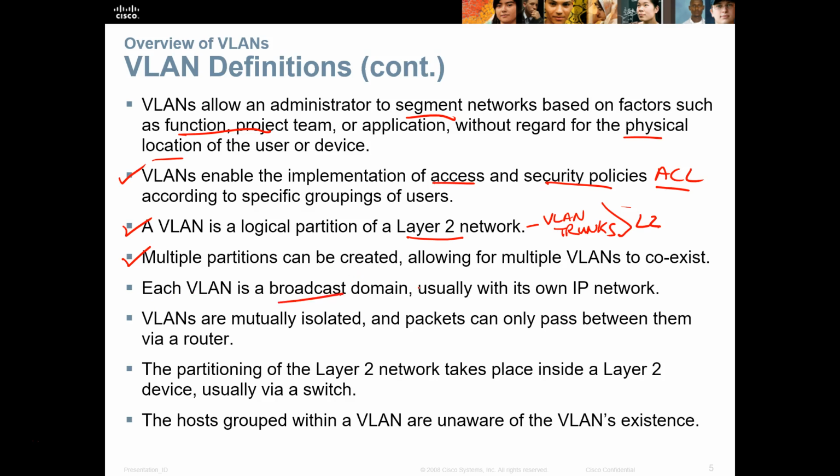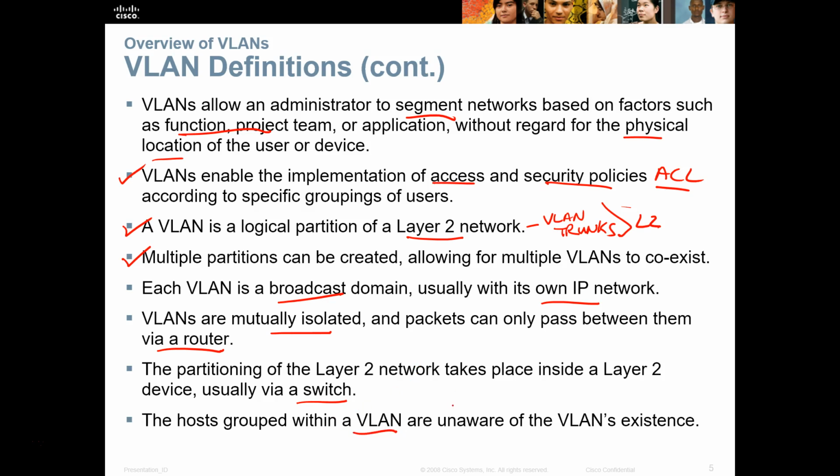Each VLAN is a broadcast domain, usually with its own IP network, so its own network or subnetwork. VLANs are mutually isolated, and packets only pass between them via a router, so you require a router to route between VLANs. Partitioning of a layer 2 network takes place inside a layer 2 device, usually a switch. So it's a switch, and then you assign ports to VLANs.